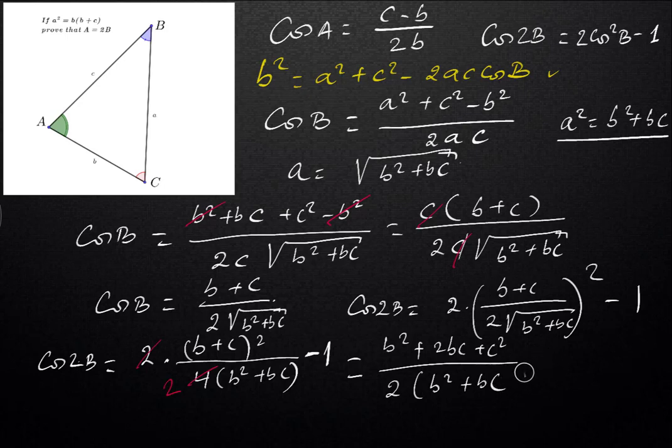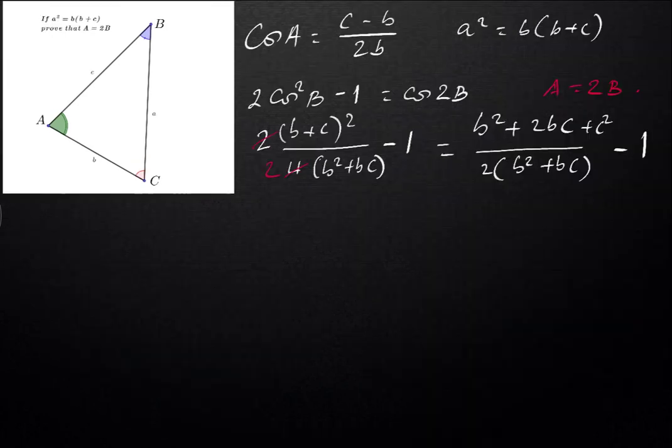Excellent. So we have that, and then minus 1 here, and we are going to the next screen. We remind ourselves that cosine A was found to be C minus B over 2B, A squared was this, and then A is equal to B. So we continue our operation.